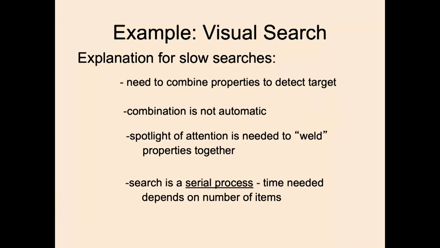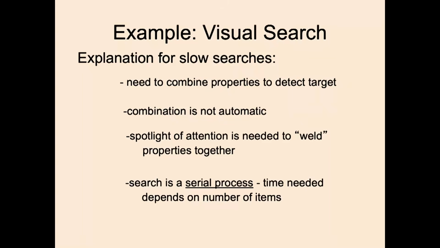Okay? And as a consequence, these searches are serial. So you have to move your attention around the display each time whatever is in the focus of attention kind of gets combined, and then you check whether that's the target. And so it's slow. All right? And in particular, the time that it will take you to detect the target scales with the number of items. Okay? And so you can measure kind of how fast the spotlight moves around.